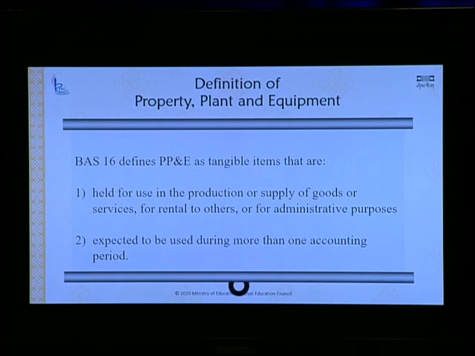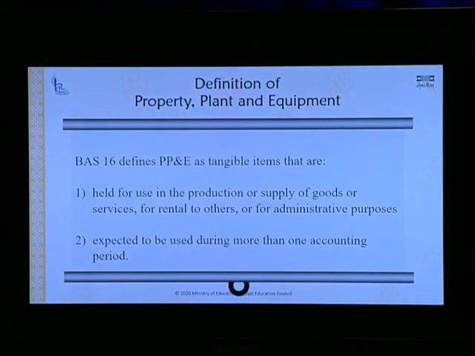So here Bhutan Accounting Standard 16 defines property, plant and equipment as tangible items. Please remember that word tangible items. We will not include any intangible items. So PPE needs to be tangible items which are held for use, which are held for the purpose of production.